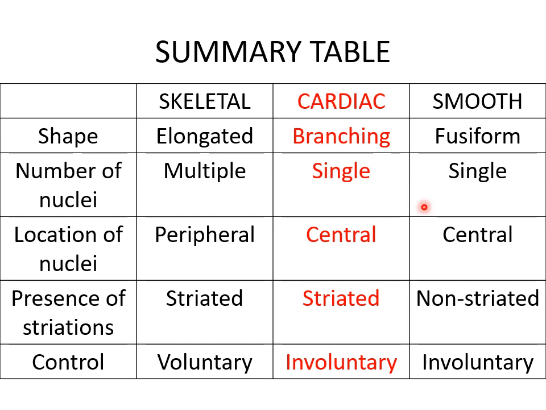So, in summary, ano ang mga descriptions ng cardiac muscle tissue? Number 1, branching in shape, single nucleus or uninucleated, centrally located nucleus, with striations or striated, and involuntary control due to your presence of intercalated discs.